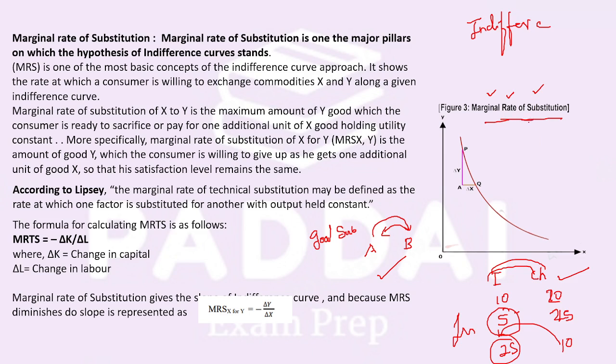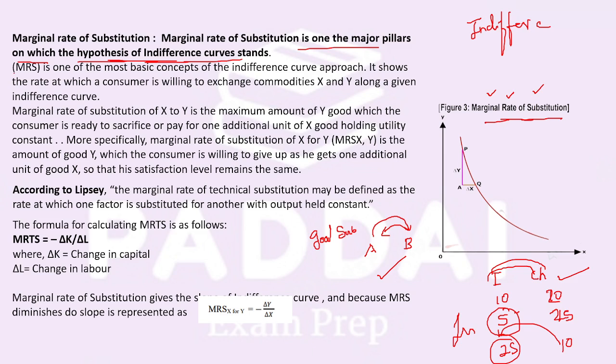Now what do you mean by marginal rate of substitution? Marginal rate of substitution is one major pillar on which the hypothesis of indifference curve stands. When I am increasing the number of one product, it is automatically substituting the other product.